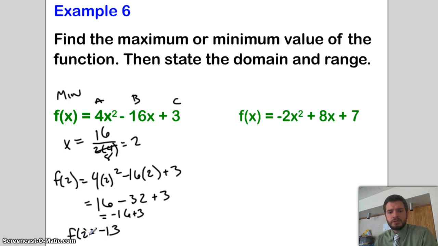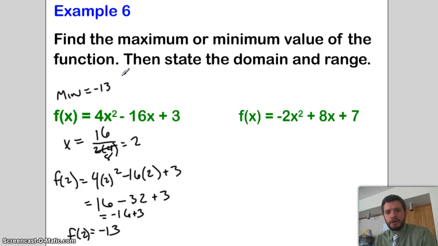So f of 2 is negative 13. Let me erase this A, B, and C business. So I know that the minimum is going to be negative 13.